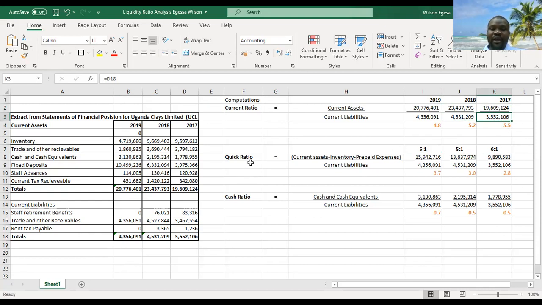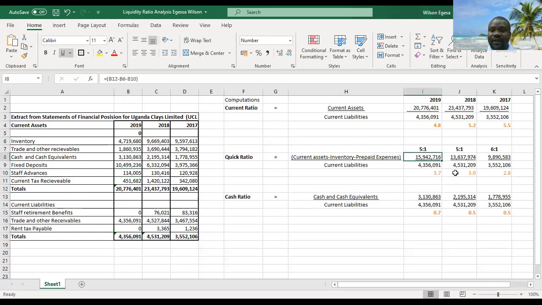The quick ratio, where we are going to less the inventory, we shall get the current assets of 20 billions. Then when you less the inventory of 4.7, we also less the advanced staff allowances of 114 millions.